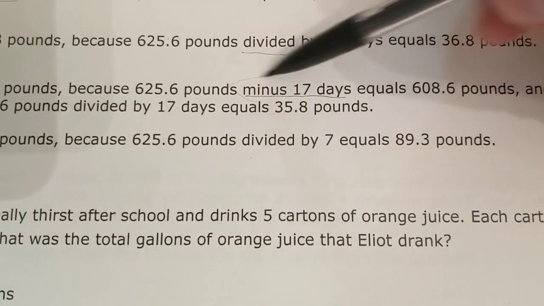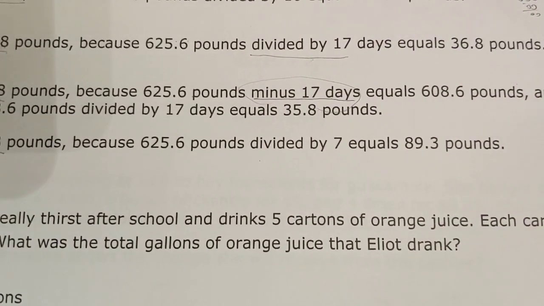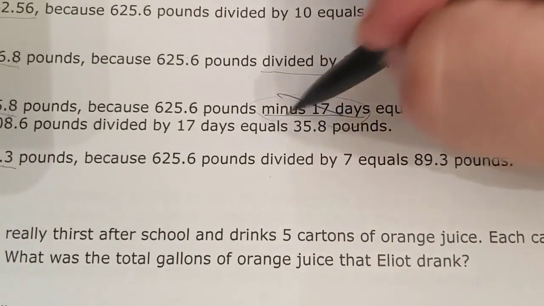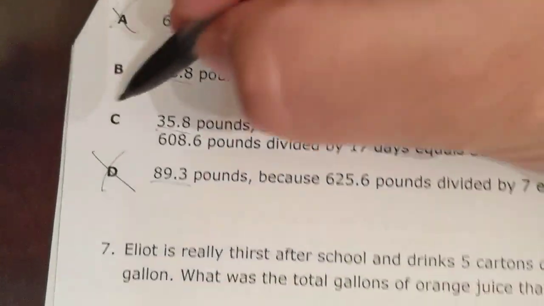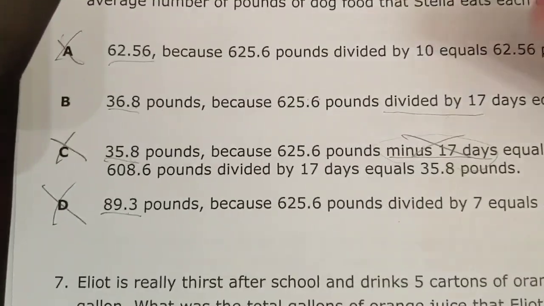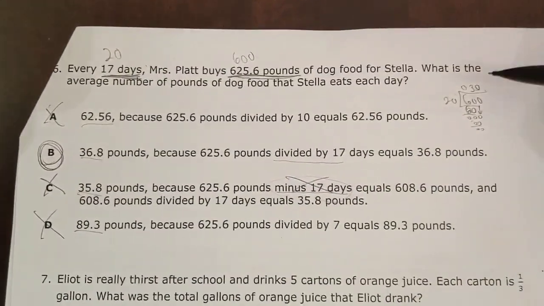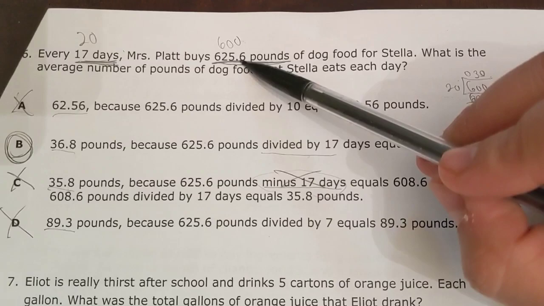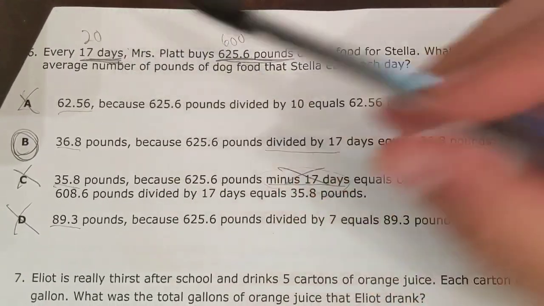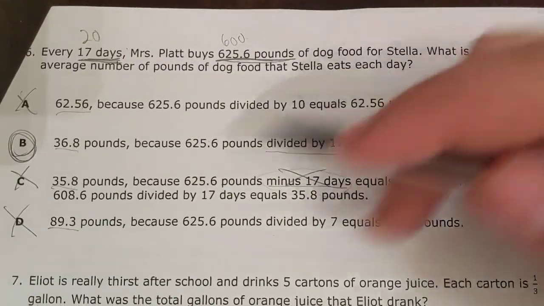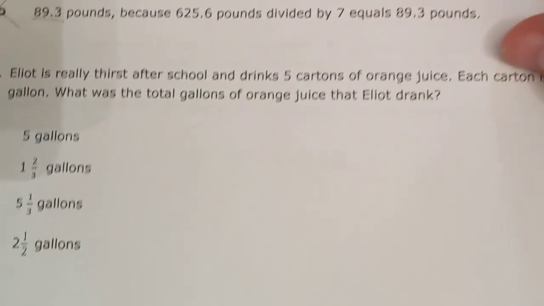Well, we didn't have to subtract 17 days from the pounds. That doesn't make sense, so obviously this one is not right either. So just by using my method of estimation, I found the only answer that makes sense, and I could check my work by dividing the exact number by 17. But that is my answer for number 6.